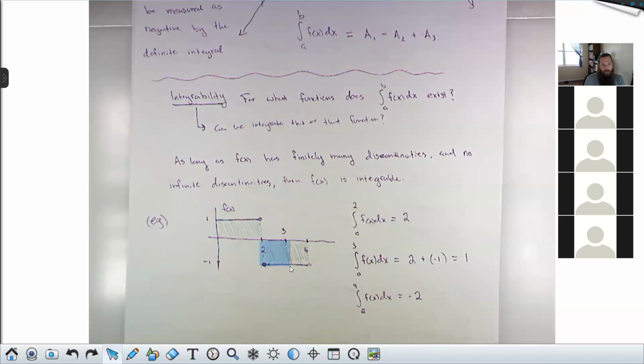Part of that is beneath the x-axis, the piece from 2 to 3. This area is 1, but it's beneath the x-axis, so it gets measured as negative. So this first piece is giving us the 2 that you see right here. This piece is giving us the -1 that you see right here. And when you add those up, you get 1. So I would say that the signed area under f of x from 0 to 3 is 1, because you've got 2 positive and 1 negative.